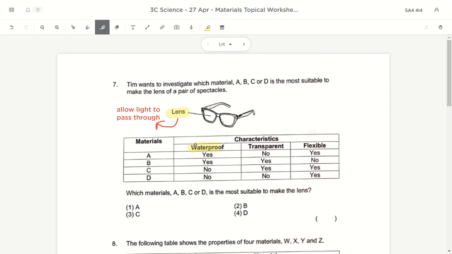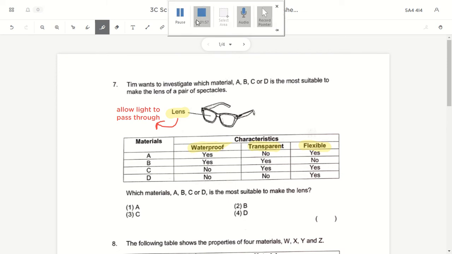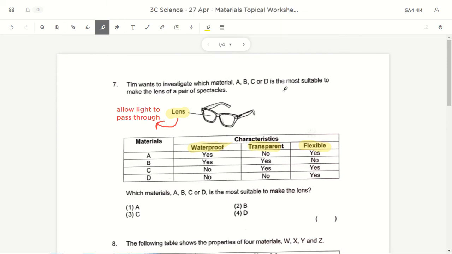You have waterproof, you have transparent, you have flexibility. Since lenses, the important property here is to make sure that light passes through. So let's focus on the property of it being transparent.